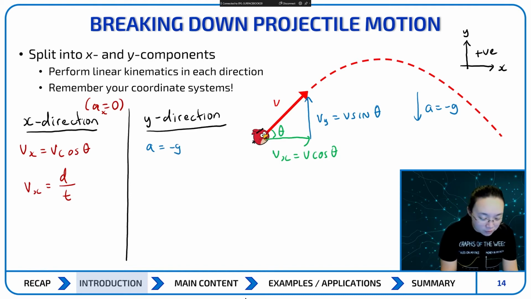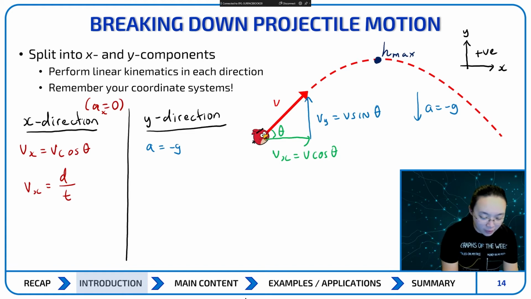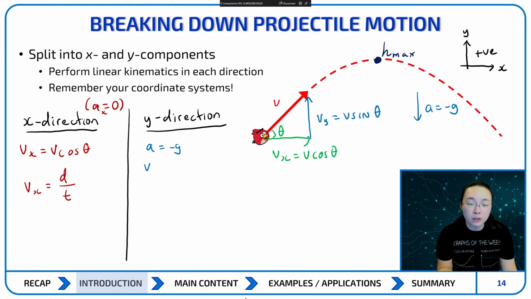Let's try solving for some value at the maximum height. So for the maximum height, we know that it's not just a is equal to negative g. We also know that the velocity at h max is equal to 0.